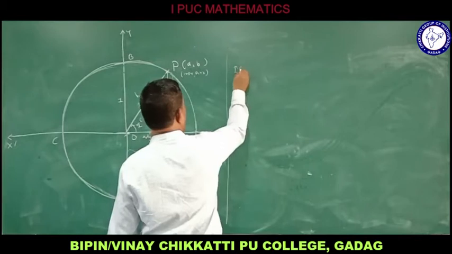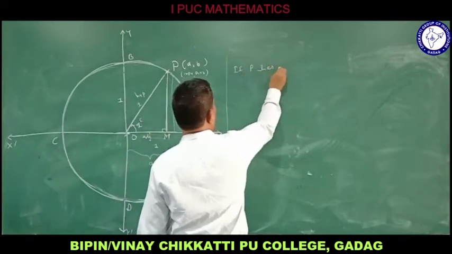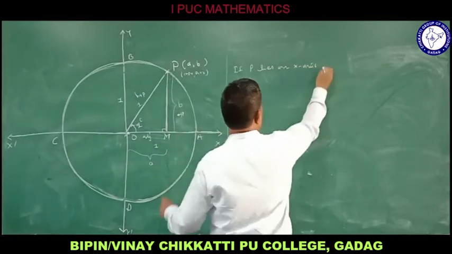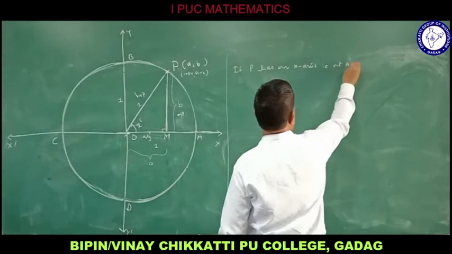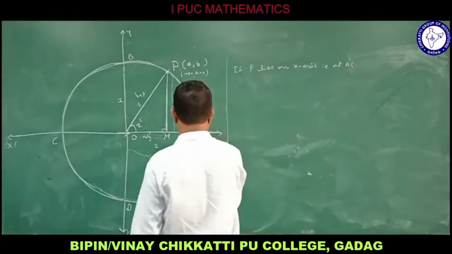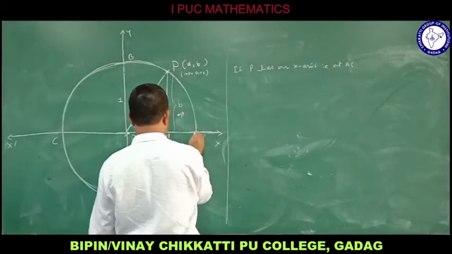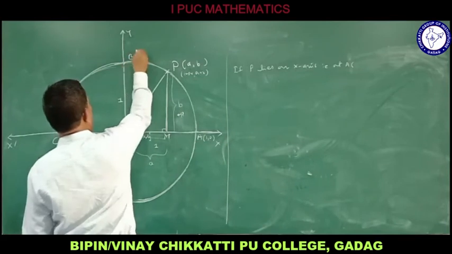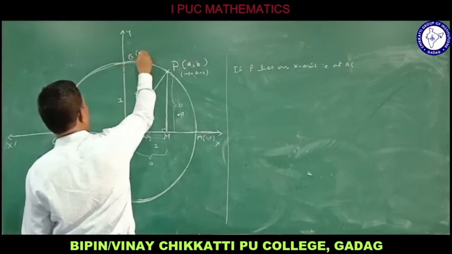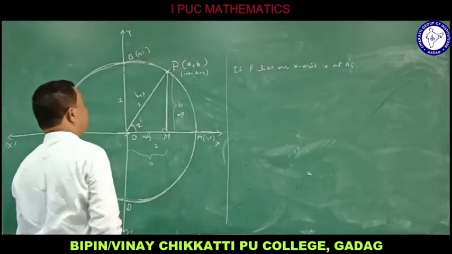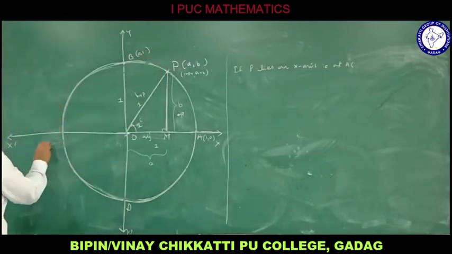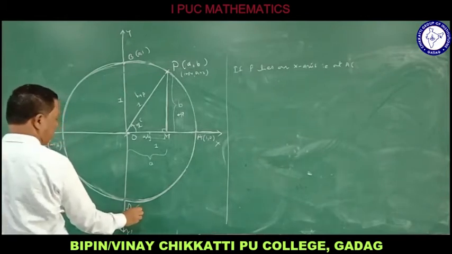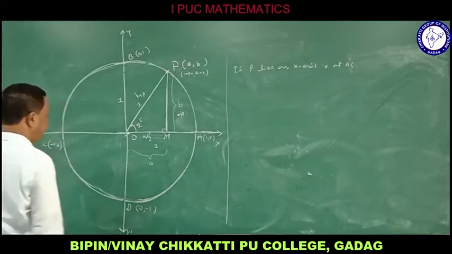Suppose first, if P lies on the x-axis, that is at A, what are the coordinates of A? You know, the x coordinate is 1, the y coordinate is 0. And here B, what are the coordinates? x is 0, y is 1. And here minus 1, 0, and here 0, minus 1.